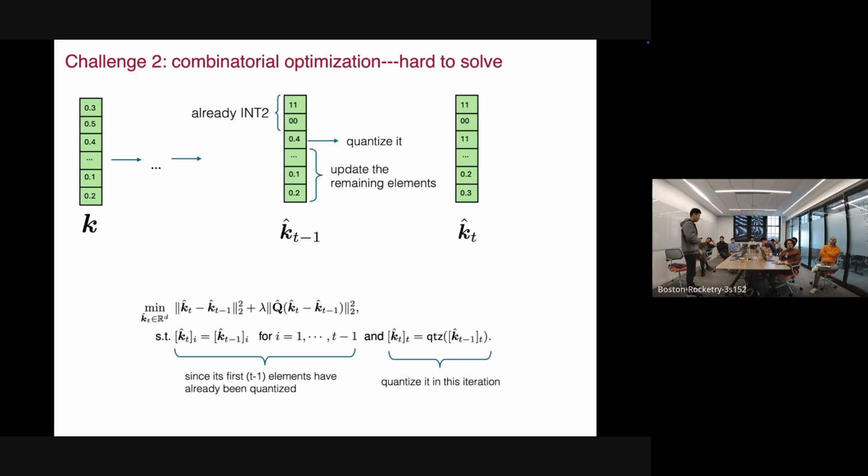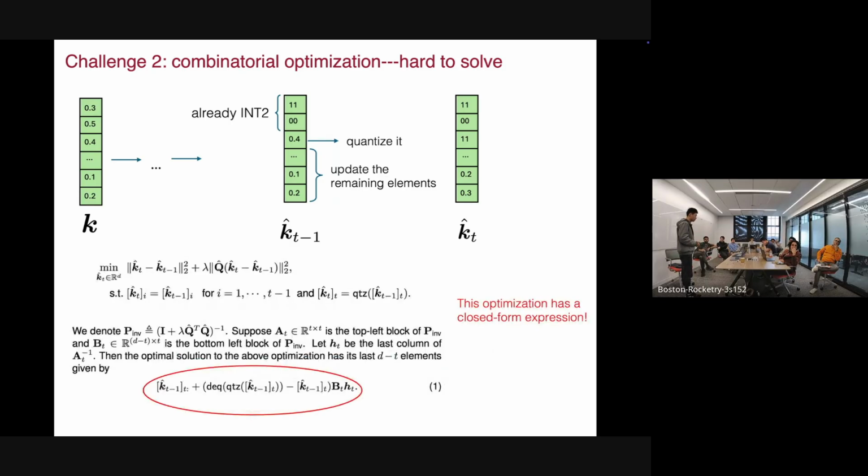We have two constraints. The first constraint is, remember that at the t-th iteration, the first t-1 elements have already been quantized, so we keep them unchanged. We don't want to change anything that has already been quantized before. The second constraint is, remember that in the current iteration, we quantize the t-th element and then update the remaining elements. So the quantization of the t-th element is imposed as the second constraint of this optimization.